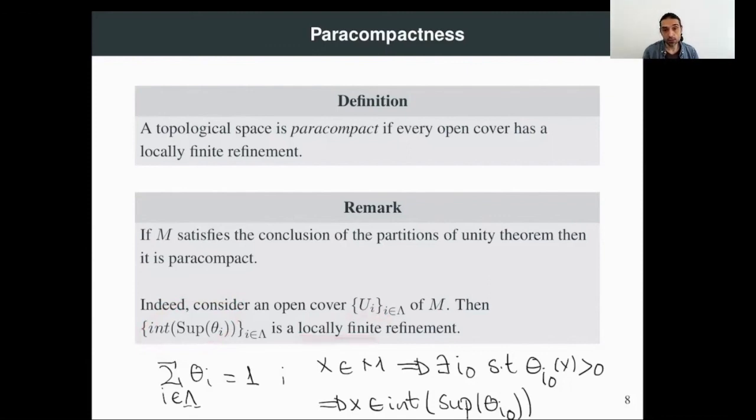Okay, so we got a locally finite refinement for any open cover of our manifold. And so in particular, our manifold is paracompact. Okay, so paracompactness is also a necessary condition in order for the partitions of unity theorem to hold, right?